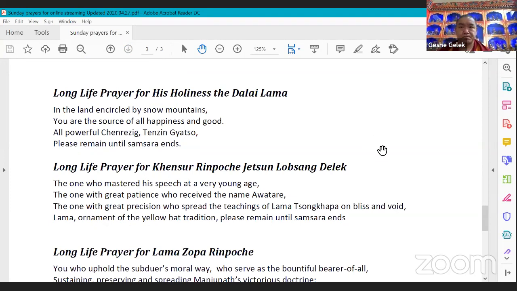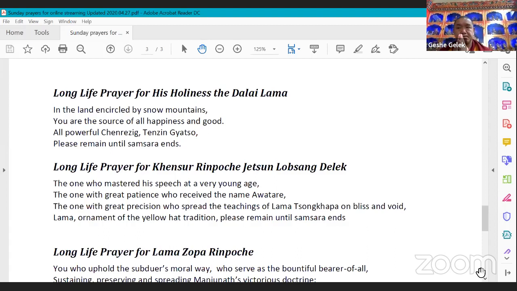In the land encircled by snow mountains, you are the source of all happiness and good, all-powerful Chenrezig Tenzin Gyatso. Please remain until samsara ends. The one who mastered his speech at a very young age, the one with great patience who received the name Avatare, the one with great precision who spread the teachings of Lama Tsongkhapa, ornament of the yellow hat tradition.